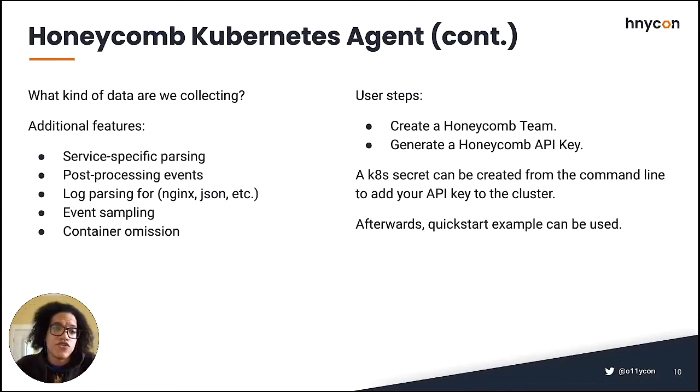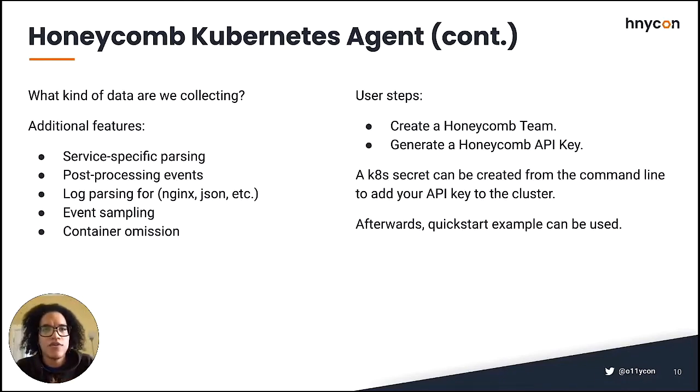And then some of the features that I like about the Kubernetes agent, myself, like there's event sampling. So if I only want a percentage of the events that I'm sending from Kubernetes, maybe I want every hour only 20% of the data, you can create a sampling specification and add that to your configuration. Then you can have that amount of data flow into Honeycomb instead of overwhelming it with a bunch of traffic. You can omit containers.